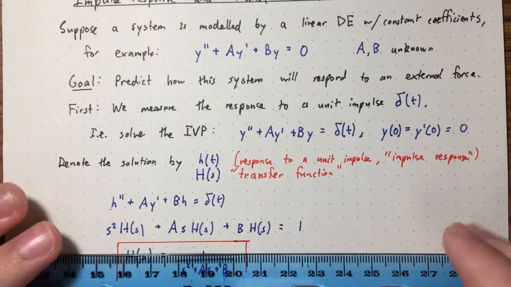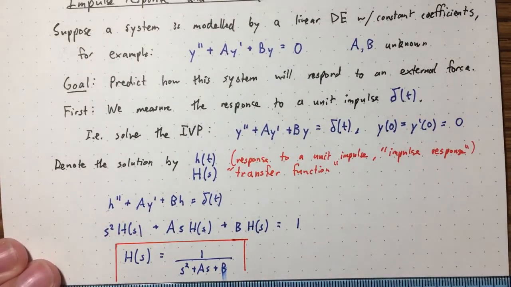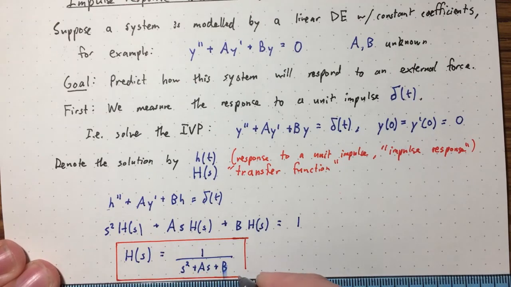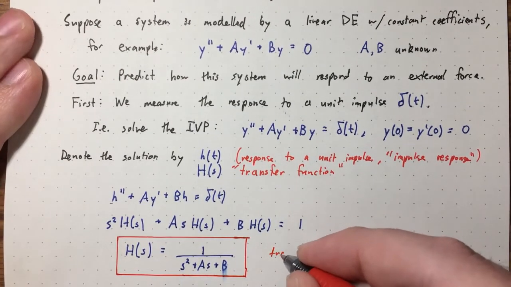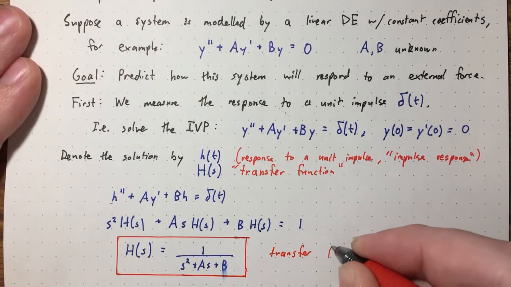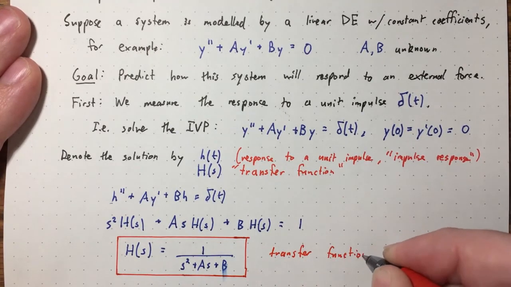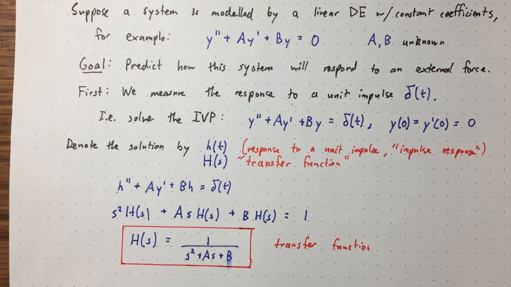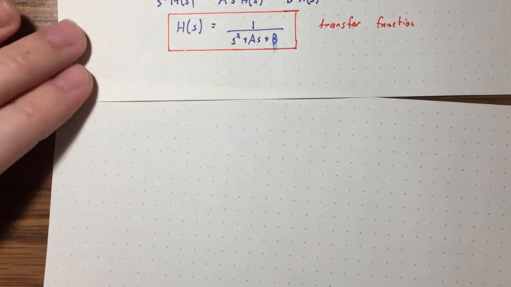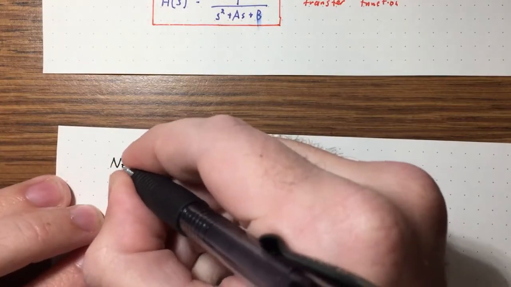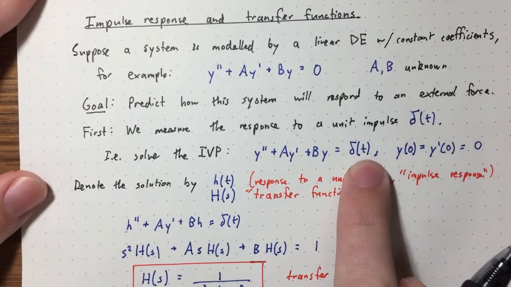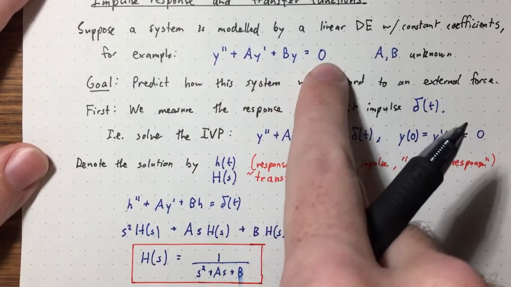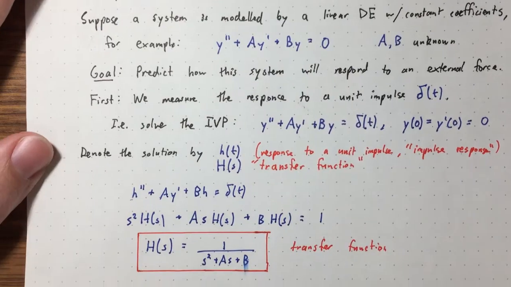Okay. And maybe at this point we're not sure how to continue if we want to find little h of t because we don't know what a and b are. But this is our transfer function. Okay, we'll leave it at that for now, and let's go to the next step. So remember, what do we want to do? We want to figure out not just how the system will respond to a unit impulse, but how it will respond to any external force that I put there.